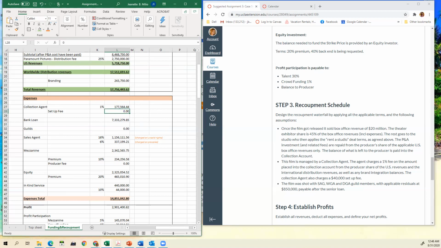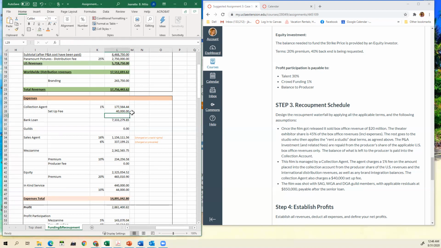Let me check if in our assumptions we had a setup fee or not. Sometimes the collection agent will charge you a little fee to set up the account. And in this case, it is also the case. So the setup fee per the assumptions was $40,000.